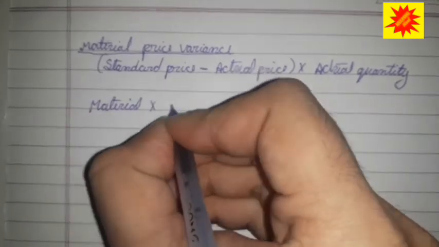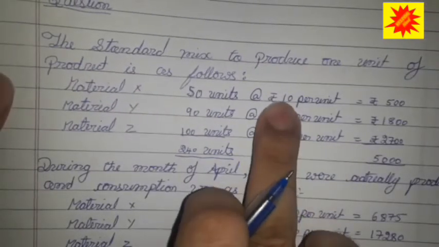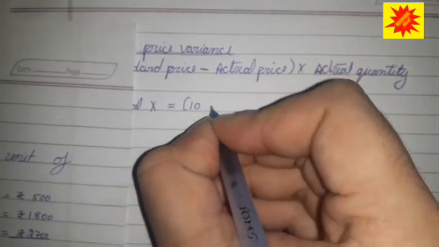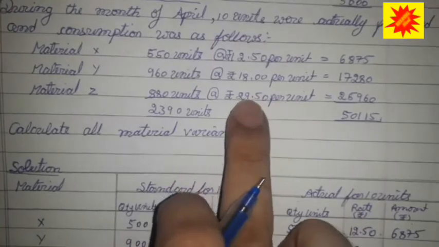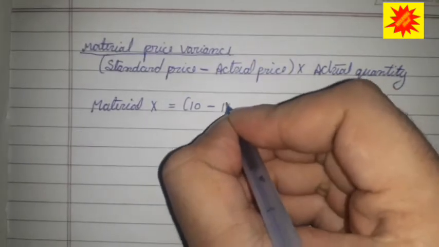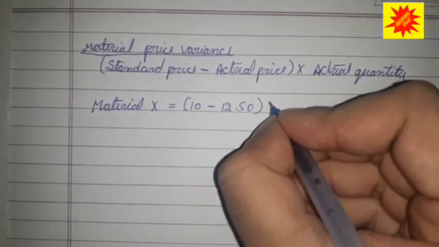So material X, it is equal to, what is the standard price given to us? 10. So record 10 minus our actual cost, which is 12.50. What is our actual quantity?